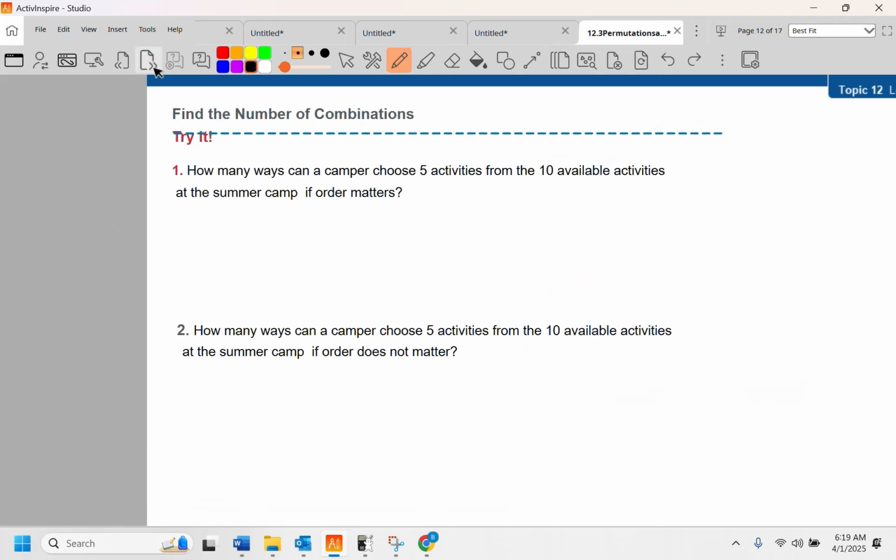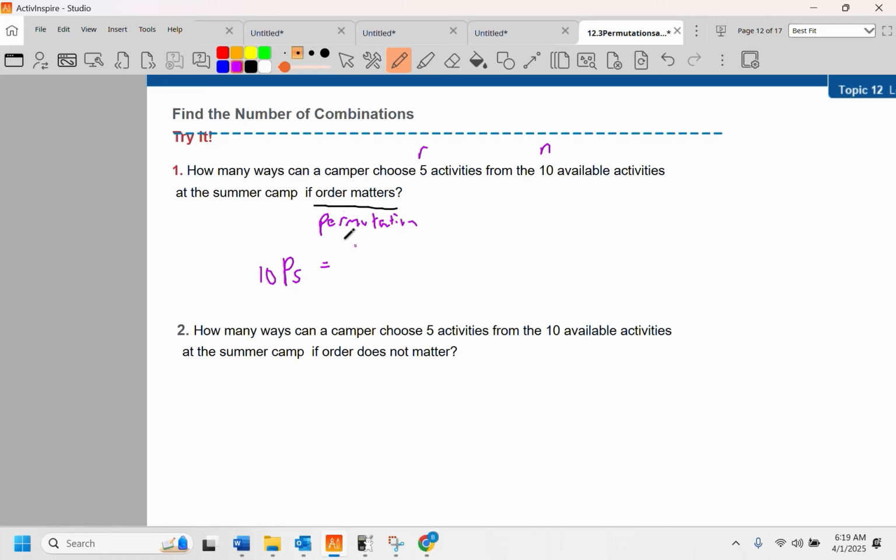All right, how many ways can a camper choose 5 activities from the 10 available classes at the summer camp if order matters? And again, you'll notice I'm writing permutation. You should probably write that too. So this is going to be 10 pick 5, n and r.